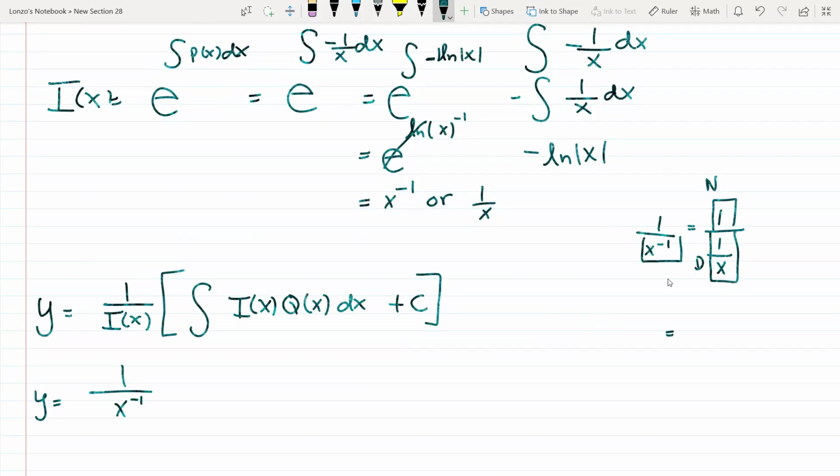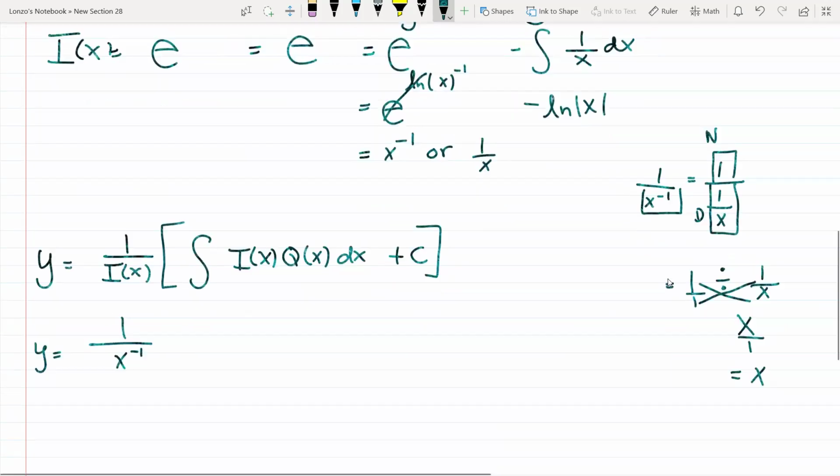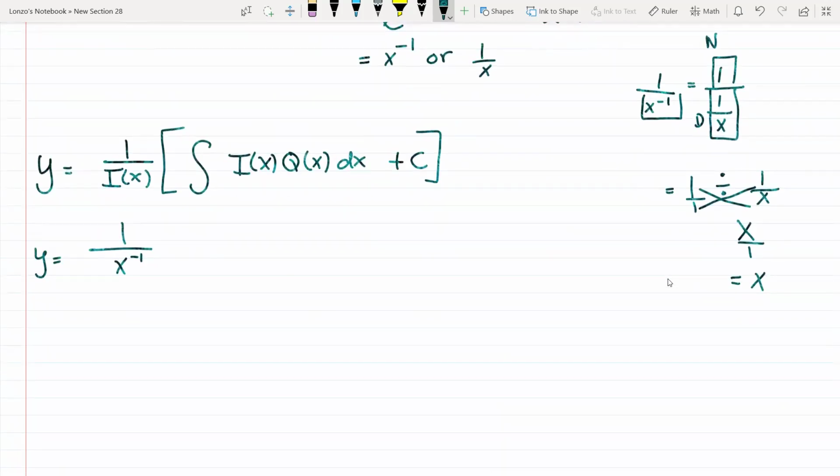So we can rewrite this as 1 divided by 1 over x. Cross multiply: 1 times x is x, and 1 times 1 is 1, so that's just x. So 1 over x to the negative 1 is just x.